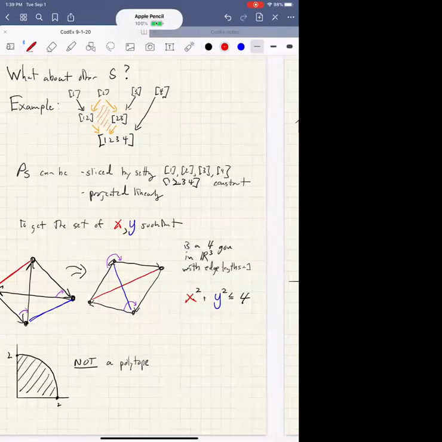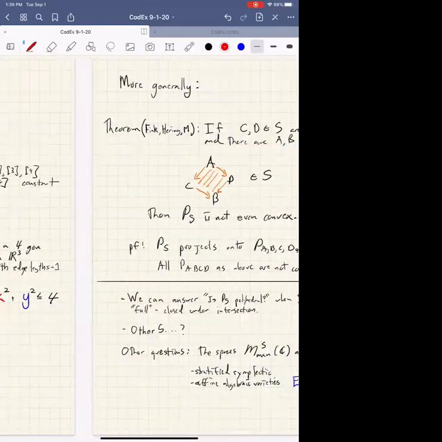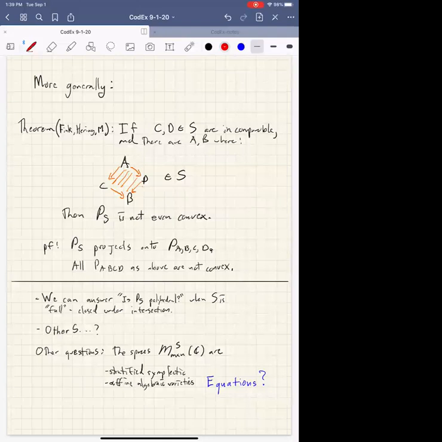So this is actually sort of an incomplete counterexample, though, because you can go way further. If we take two incomparable sets and throw them in our set S, incomparable meaning neither is contained in the other, and if our set S contains something above both of them and below both of them in the poset, then it won't even be a convex set.